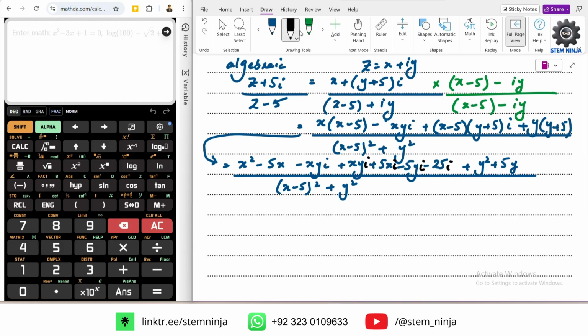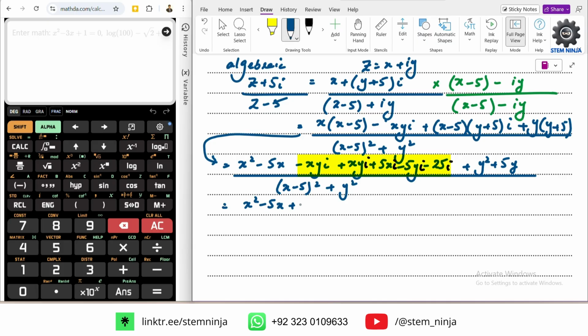Okay, right, now let's separate the imaginary from the real. So you have x squared minus 5x. So the imaginary components are these, right?